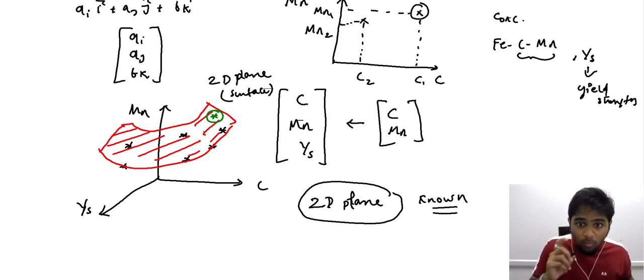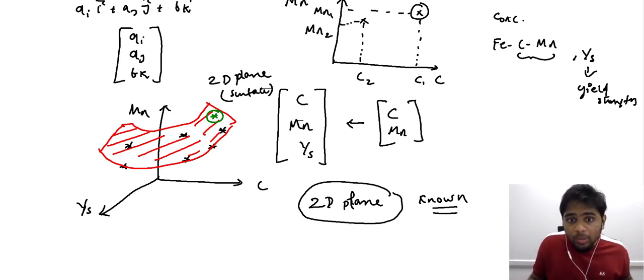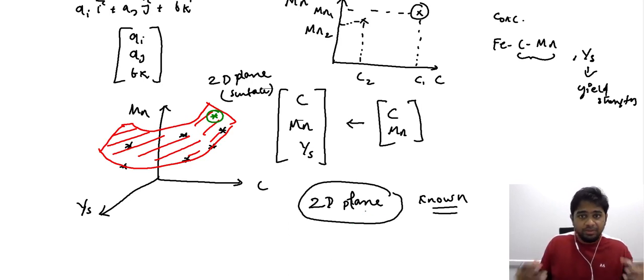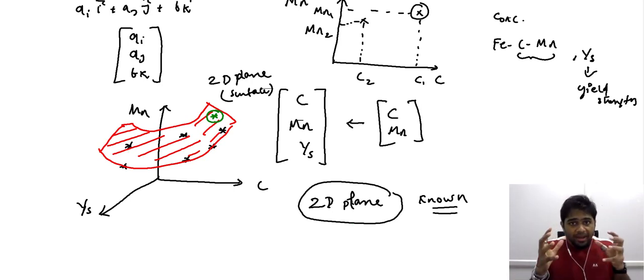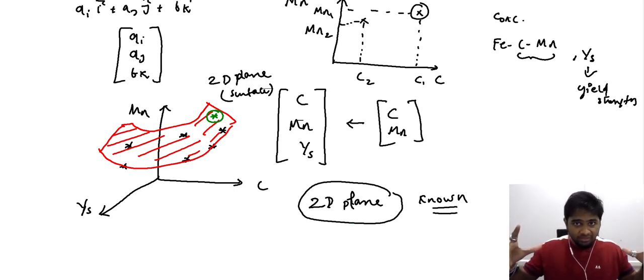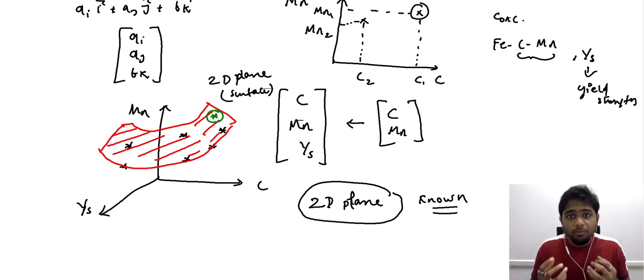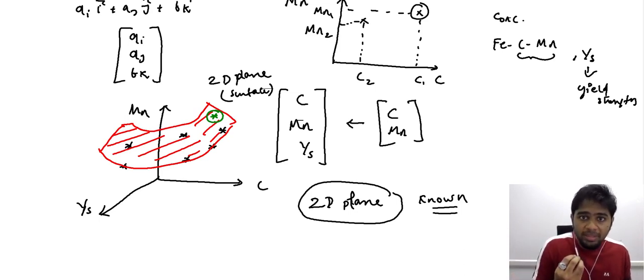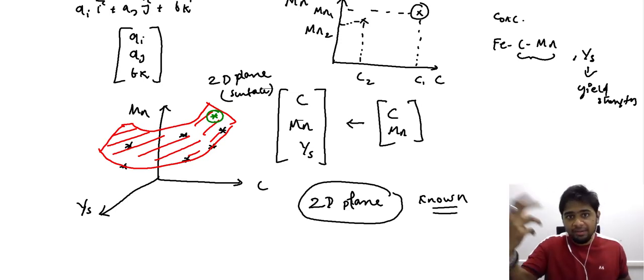This is possible only when I am able to extract and describe this two-dimensional plane. When I am able to describe a two-dimensional plane that passes through all the known points, it becomes possible for me to predict the yield strength of an unknown alloy.